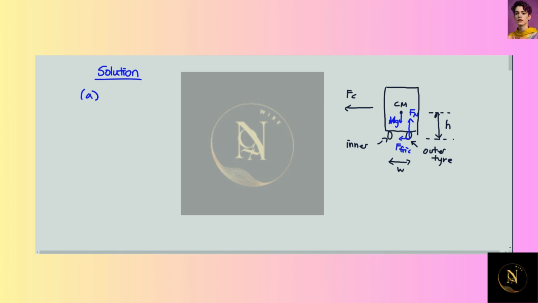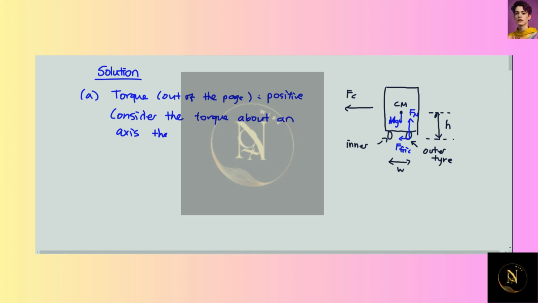We are going to say the torque that is pointing out of the page to be positive, and we consider the torque about an axis through the CM of the SUV.